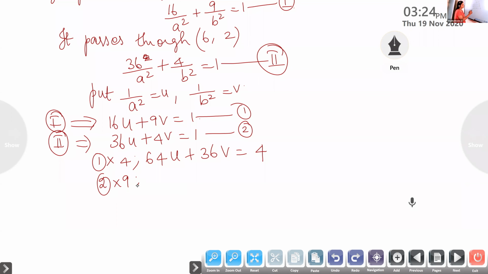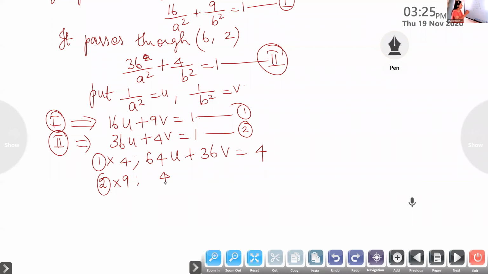In order to find a square and b square, we substitute 1 by a square as u and 1 by b square as v. So we get 16u plus 9v as 1 as equation 1 and 36u plus 4v equal to 1 as equation 2. We use the elimination method. We want to eliminate v, so we make the coefficients of v the same. We multiply equation 1 by 4 and equation 2 by 9.